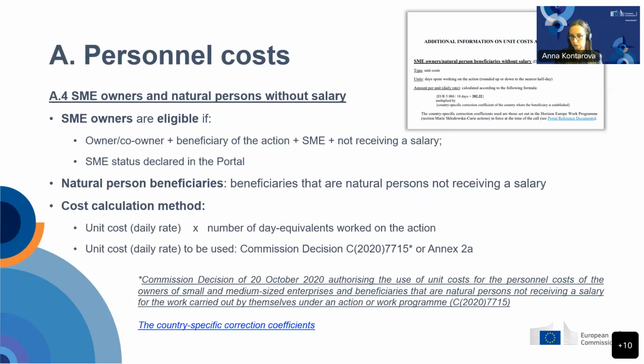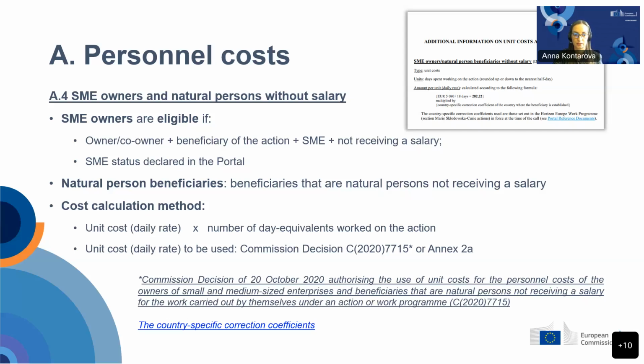Normally, we also check if the SME status is declared in the portal and verify the names with the documents provided. The natural person beneficiaries are beneficiaries that are natural persons, basically self-employed persons who are not receiving a salary. You will find more detailed information under Annex 2A, but also in the Commission decision, which is linked below.